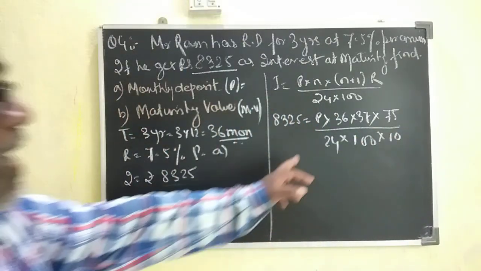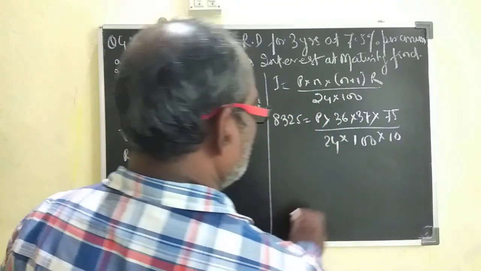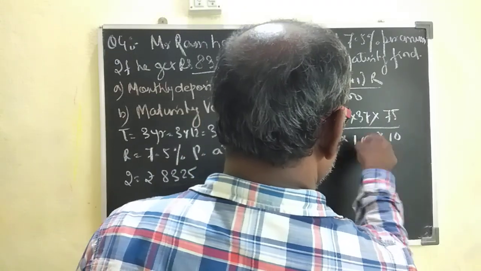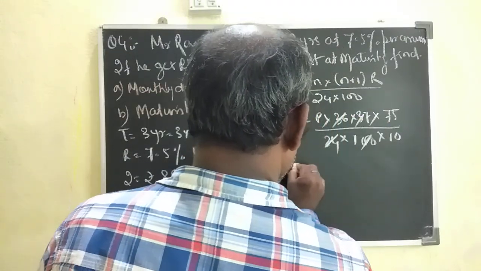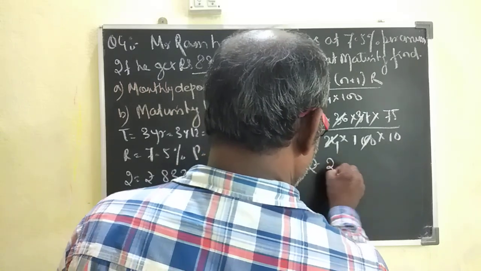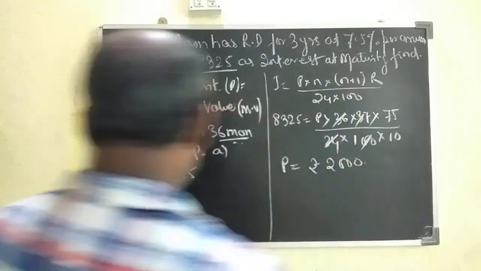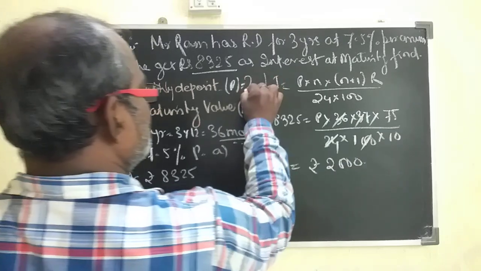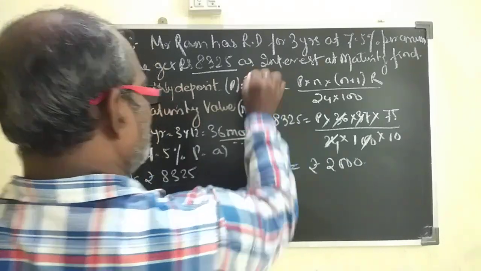Now we have to find P. If we cancel this with this, finally we get P equals rupees 2000. So here principal is rupees 2000, you can write it down.